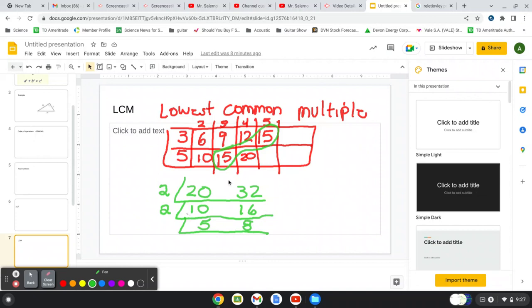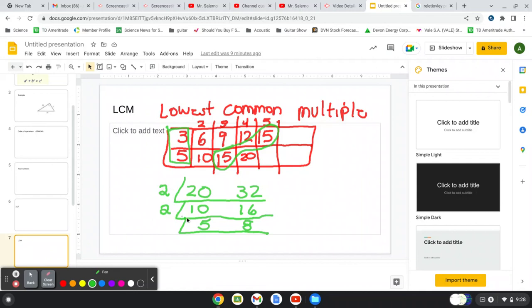And if we look at this, by the way, the lowest common multiple always has to be greater than or the same as the numbers you're using, right? So the lowest common multiple, again, is what number will 20 go into, and 32, the lowest one. So what do you think is the lowest common multiple of this? Now, with the GCF, we would just multiply the two outside numbers.